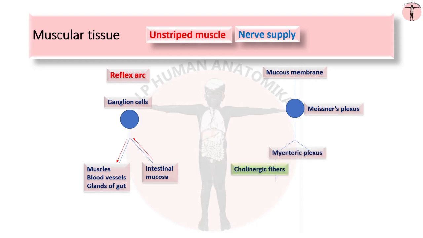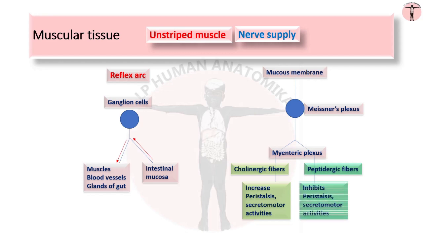One set consists of cholinergic fibers, which on stimulation increase peristalsis and secretomotor activities of the glands. The other set involves the peptidergic neurons, which on stimulation inhibit peristalsis and secretomotor activities by releasing ATP-like substances.